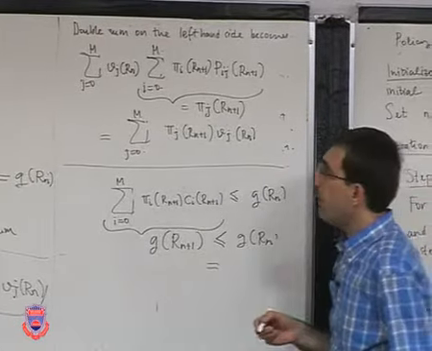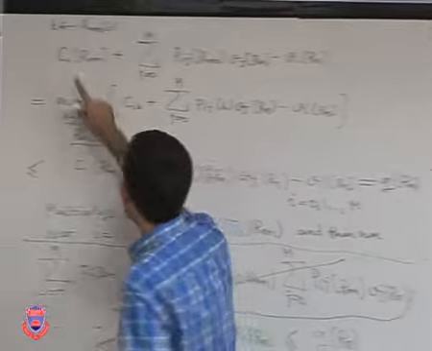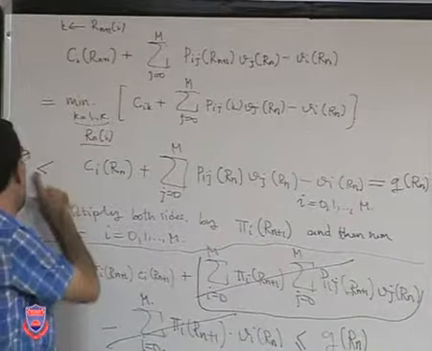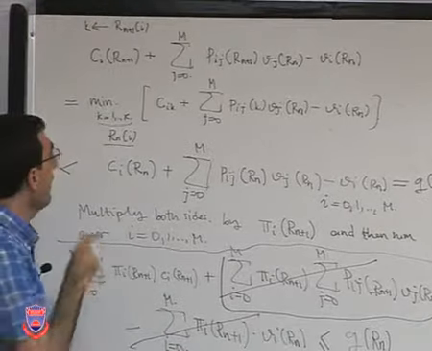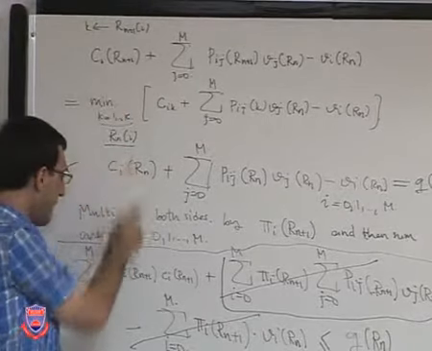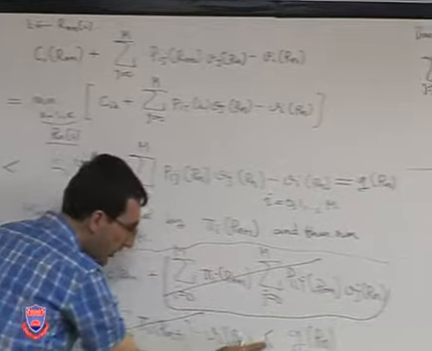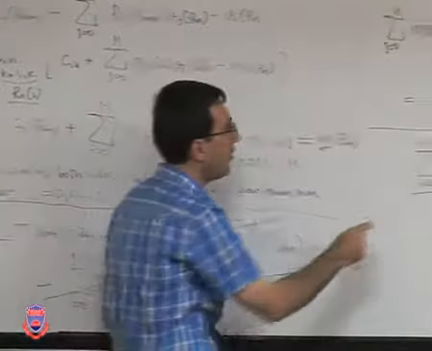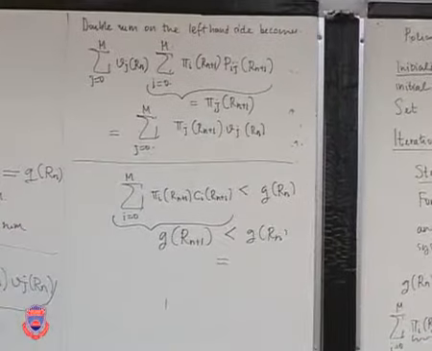But you see that if for one of the states i, only one is enough, if this is strict, when you multiply with the pi i of Rn plus 1 as before and sum them all, then you still have a strict inequality here, and therefore you will have a strict inequality here and here.